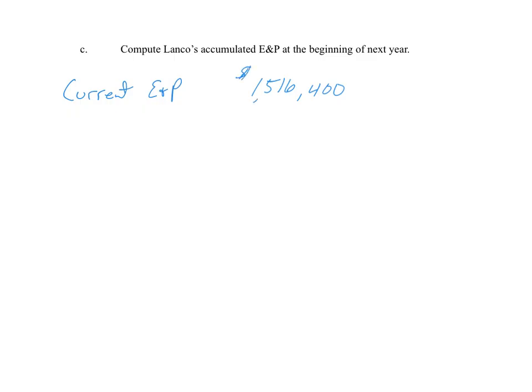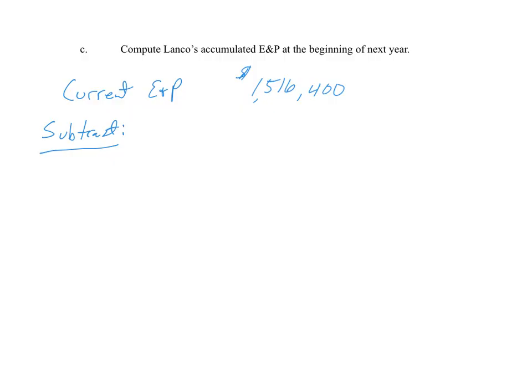Now, what reduces current earnings and profits? What reduces current earnings and profits are distributions, because we've already adjusted from taxable income to earnings and profits.